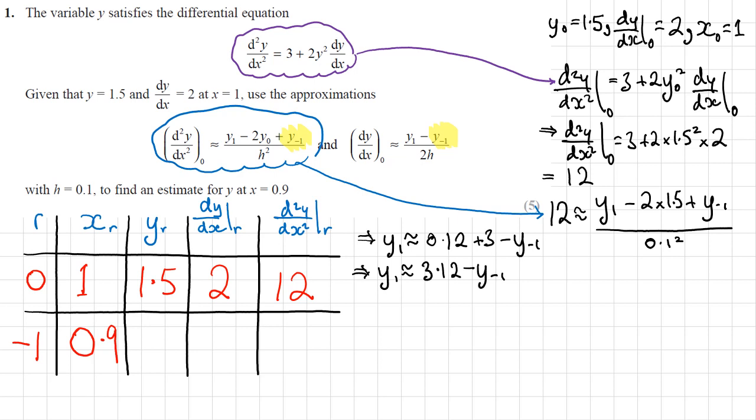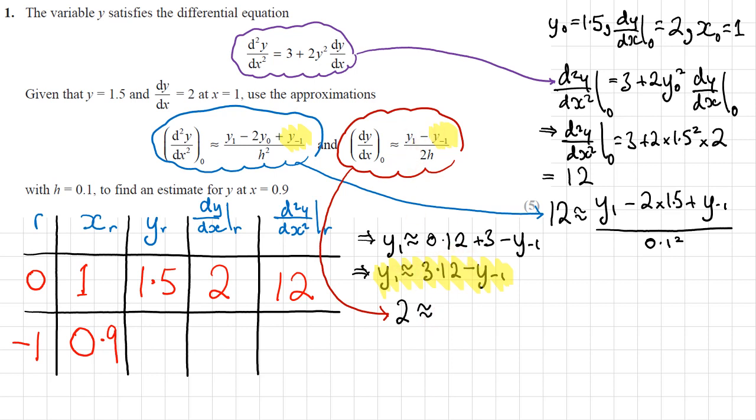Okay, so I'm just going to highlight that because I will be using this to substitute into the second equation here. So we have dy dx initially. We have that value here, that's 2. So 2 is approximately y1. Now I'm going to substitute what I just rearranged here.